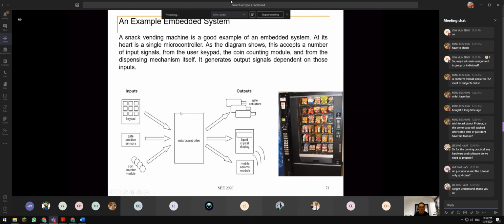So here is one example of an embedded system design. I think you enjoy this very much. A lot of junk food over here. It's a vending machine. A vending machine is one kind of embedded system design. It has a microcontroller inside. With this microcontroller, we have already programmed it and it's able to control the input and give an output.